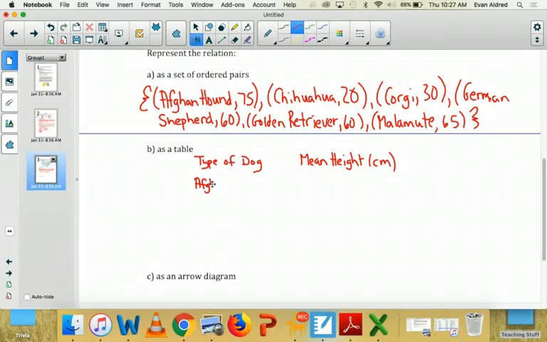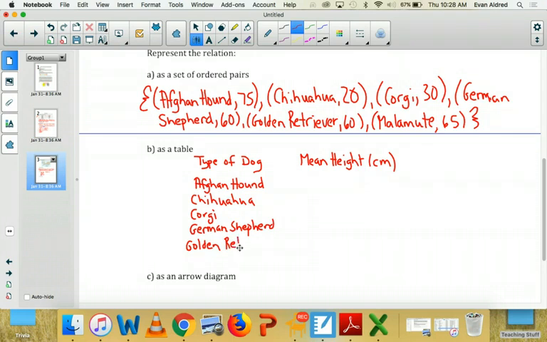So our first type of dog, once again, is an Afghan Hound. I'm going to just write out all my dogs first, and then I'll fill in all my heights. So sometimes these take a bit of time, as this one is, but that's just because you're writing a lot. So German Shepherd, Golden Retriever.